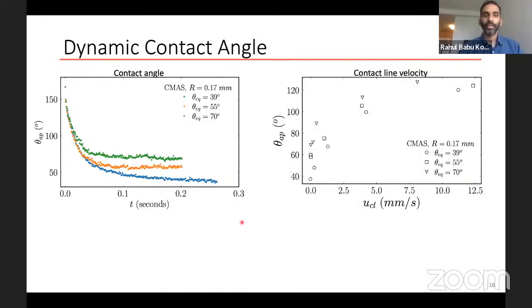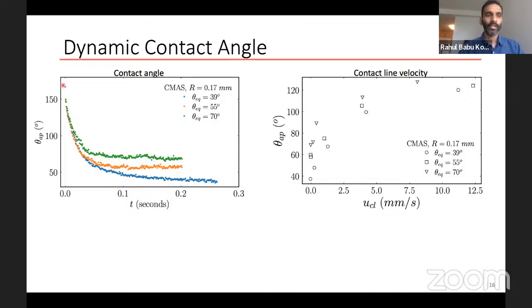Next, we also looked at how the contact angle evolves in the simulations, showing the evolution for the different contact angles. It's very informative.